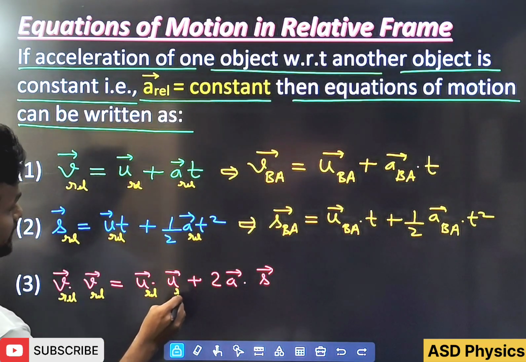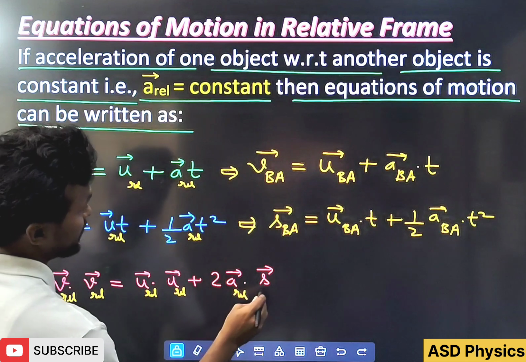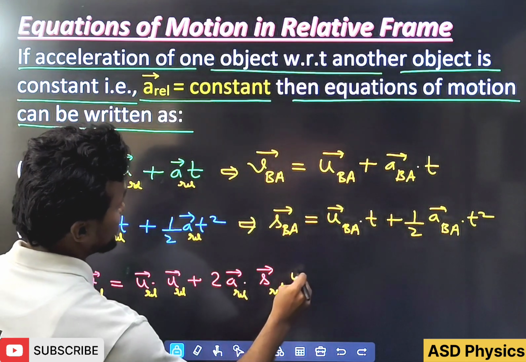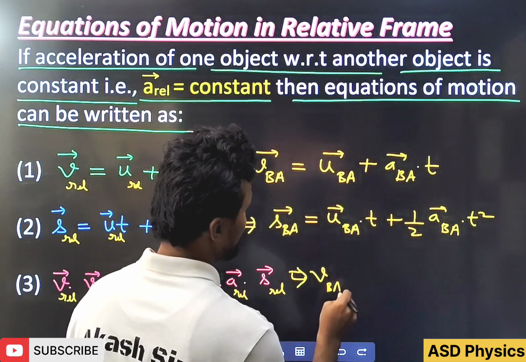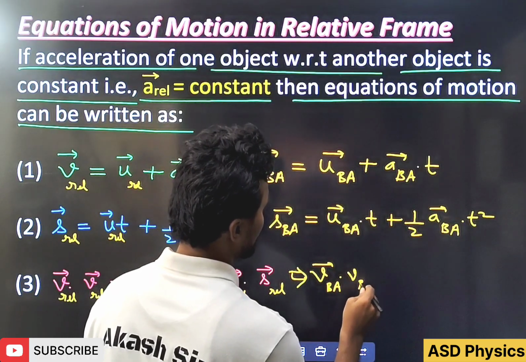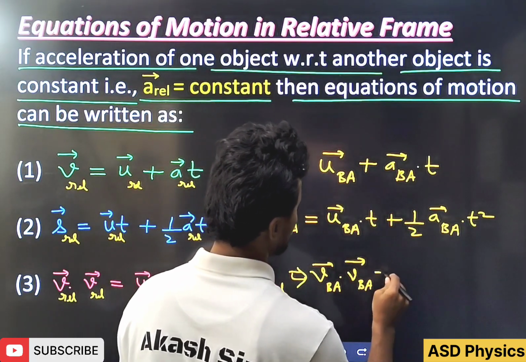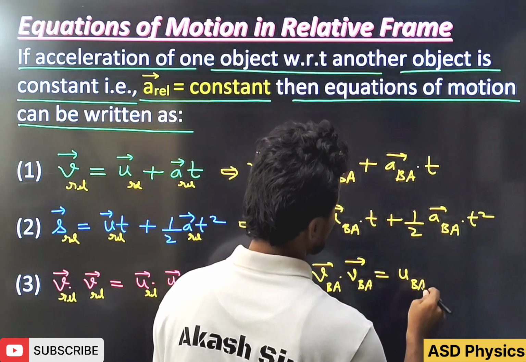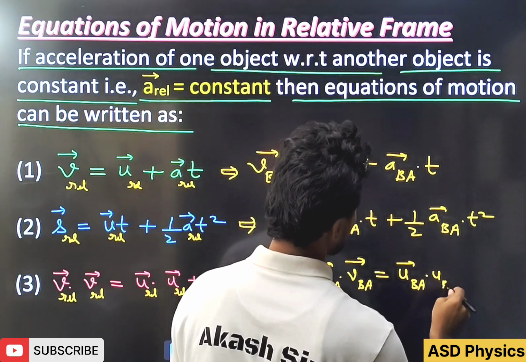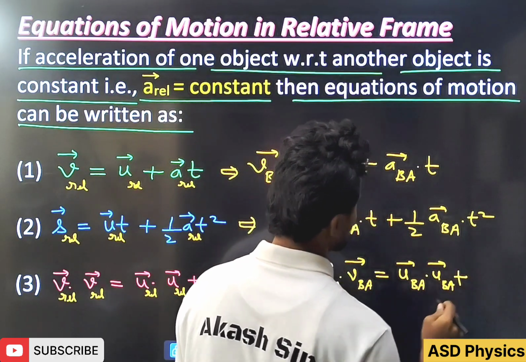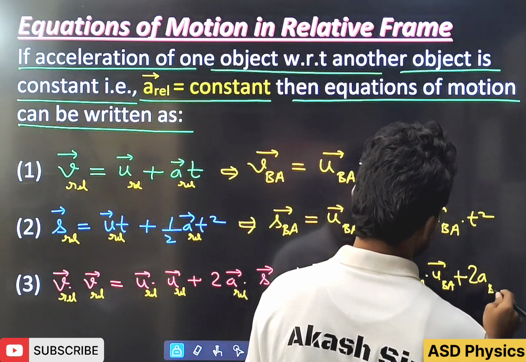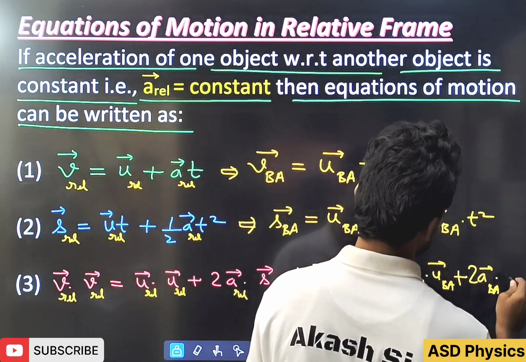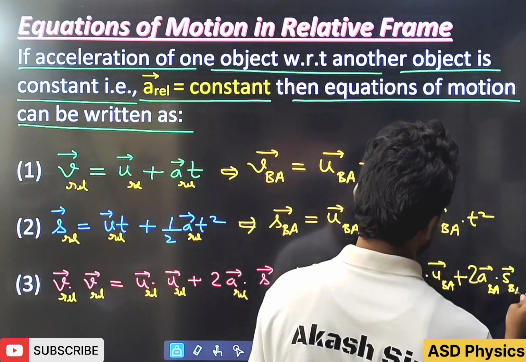Now see, all this relative only. If I take here the example, what we can write here? In the same way, velocity of b with respect to a dot product velocity of b with respect to a is equal to initial velocity of b with respect to a, again initial velocity of b with respect to a, and then what we can write here, 2 into acceleration of b with respect to a into s of b with respect to a here.